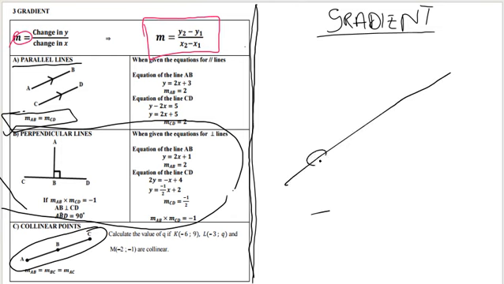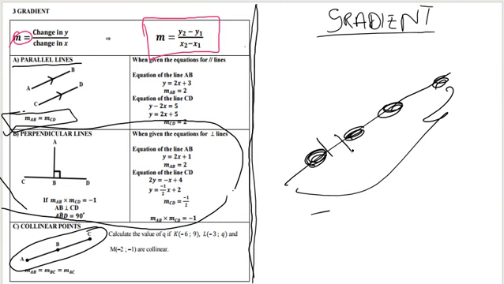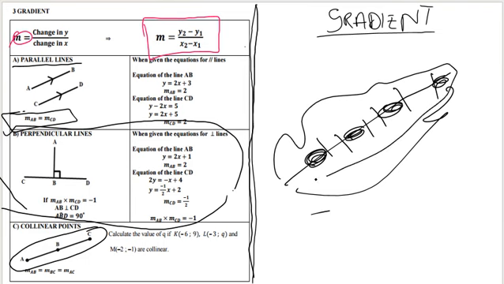If I have a line, then I have this point, this point, this point, this point. All these points are collinear, and the gradient here is the same as the gradient here, and here, and here. And that was it about the gradient.